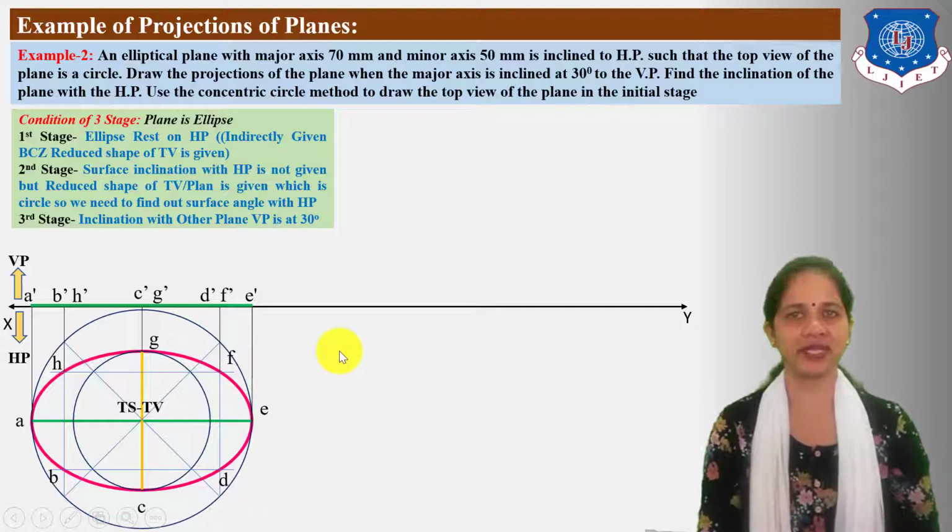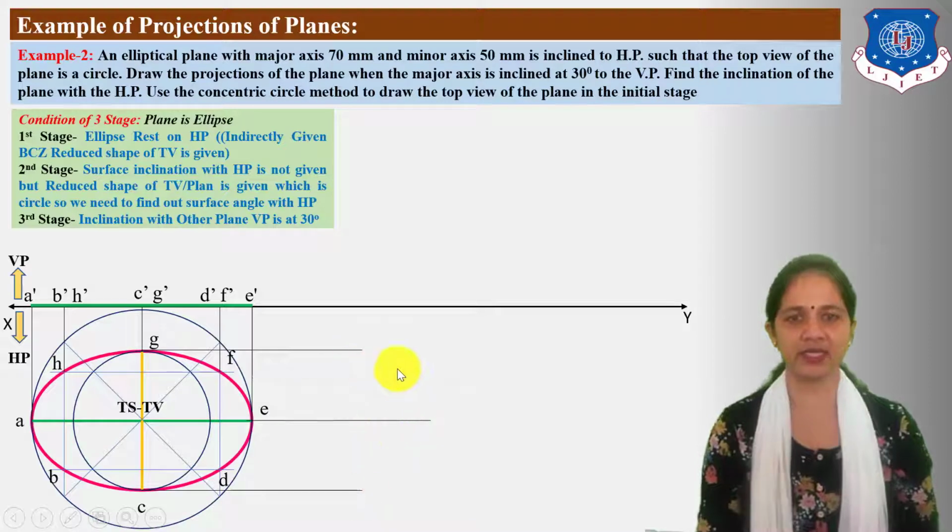Here, the surface inclination with HP is not given, but instead of inclination, the apparent or reduced shape in top view is given, which is a circle. Here, the diameter of the circle in reduced shape is equal to the length of the minor axis. So first draw horizontal projection lines from the major and minor axis points A, C, E and G. Next locate the CG diagonal line.